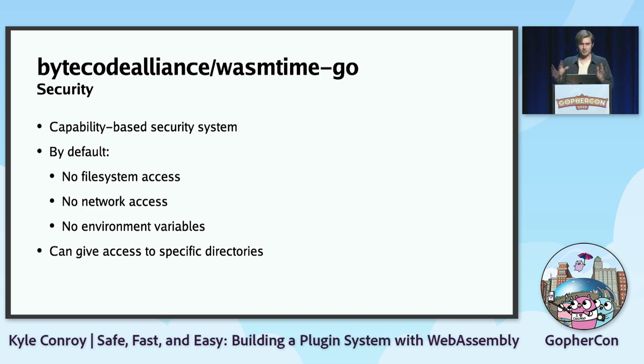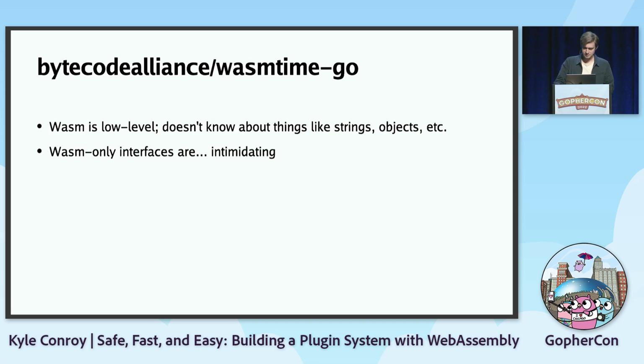Now, if it was just permanently none of these things, it might not be super useful for a lot of use cases, but it's a capability-based system, which means that at runtime, you can go ahead and grant access to your code to specific areas on the file system, to specific network addresses. And again, it's not all or nothing, right? So if you're executing WASM, you can say, hey, you can get access to this single folder on my host machine and nothing else. It's a really, really cool programming model, and it's perfect when you're talking about executing plugins.